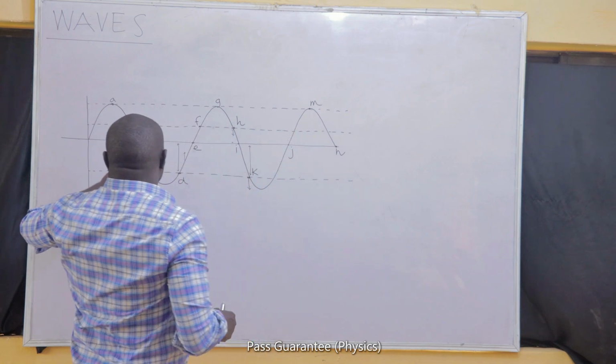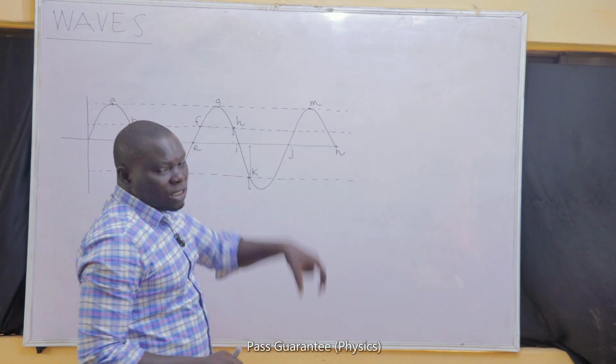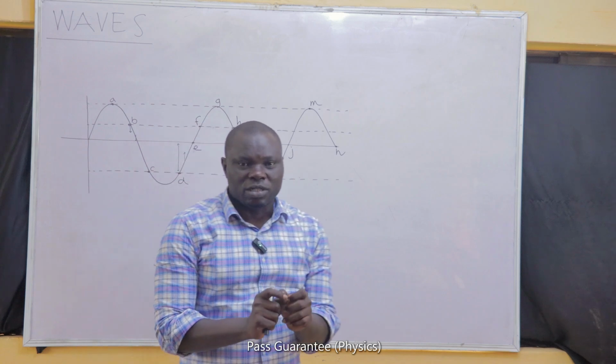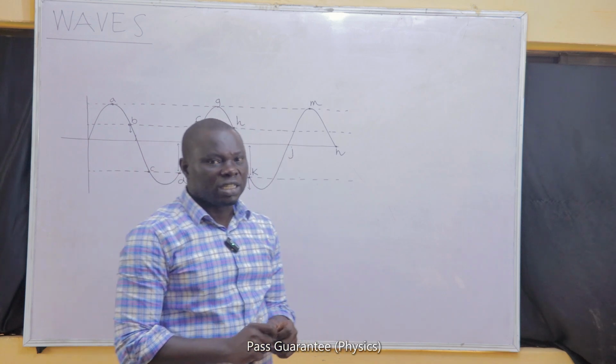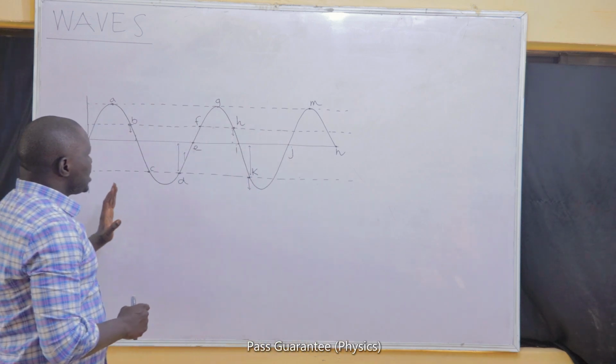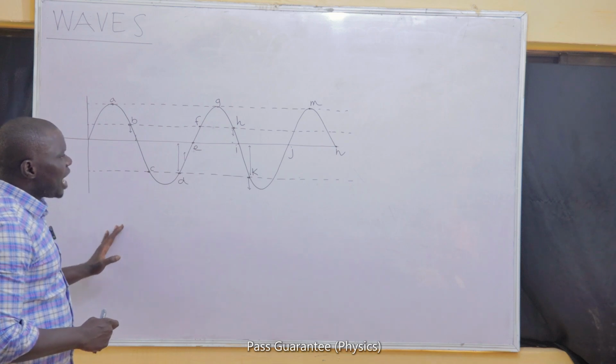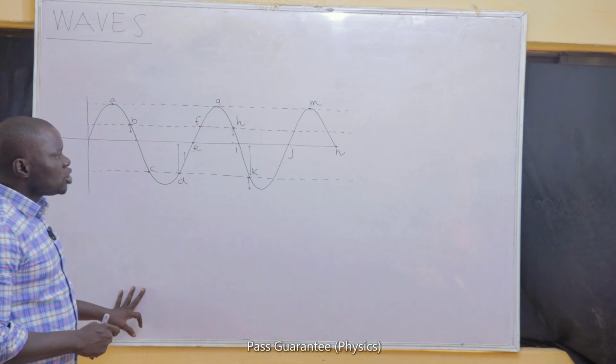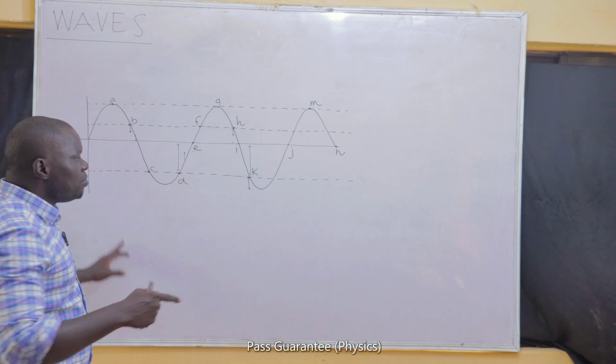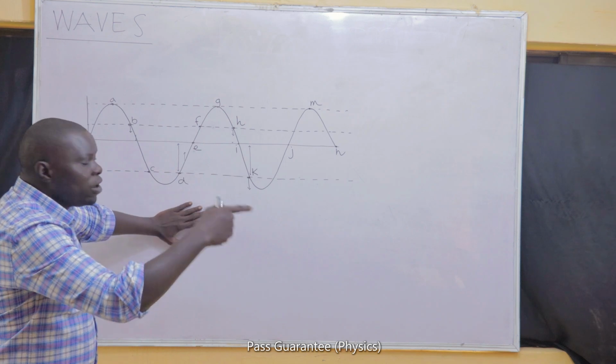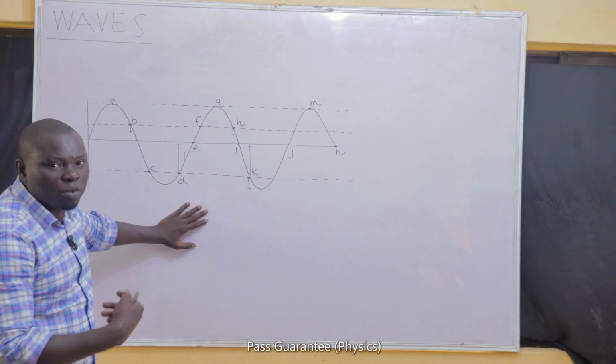Now, if two points are not in phase, then there will be a difference in their phase. If those points are far apart, we must look for a point in the neighborhood of the other point that is in phase with the first point.